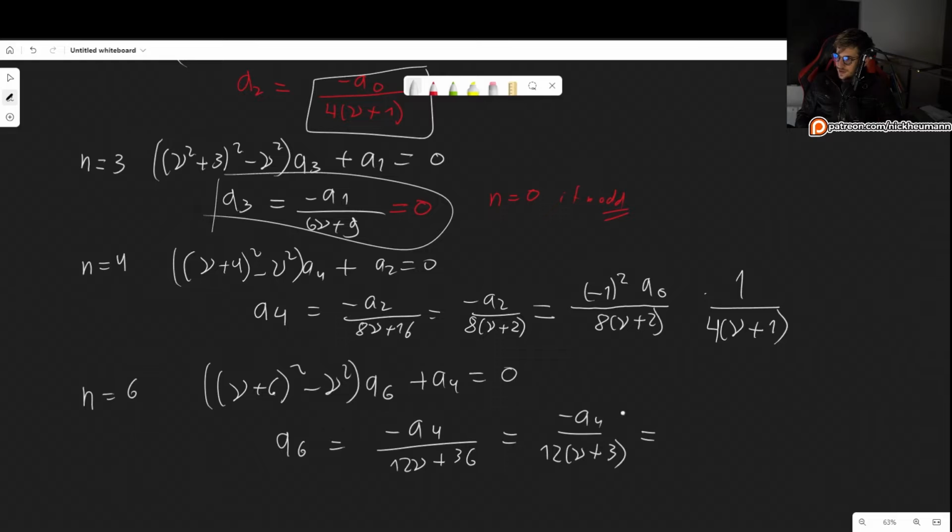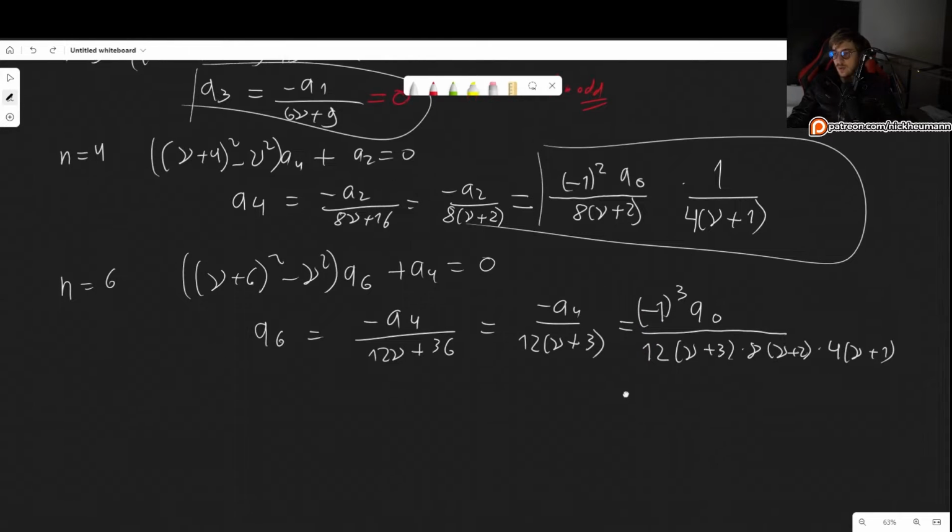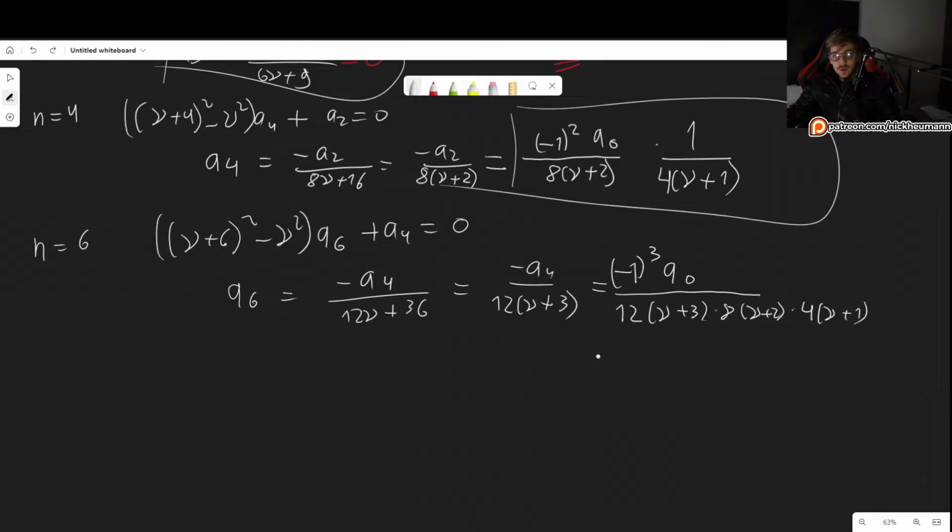And let's plug in a4, which we already found here. So we get minus 1 cubed times a0 divided by 12 times (nu plus 3) times 8 times (nu plus 2) times 4 times (nu plus 1). So slowly a pattern is emerging, and I already suspect where this is going. However, let's just do one more, just to be super sure.